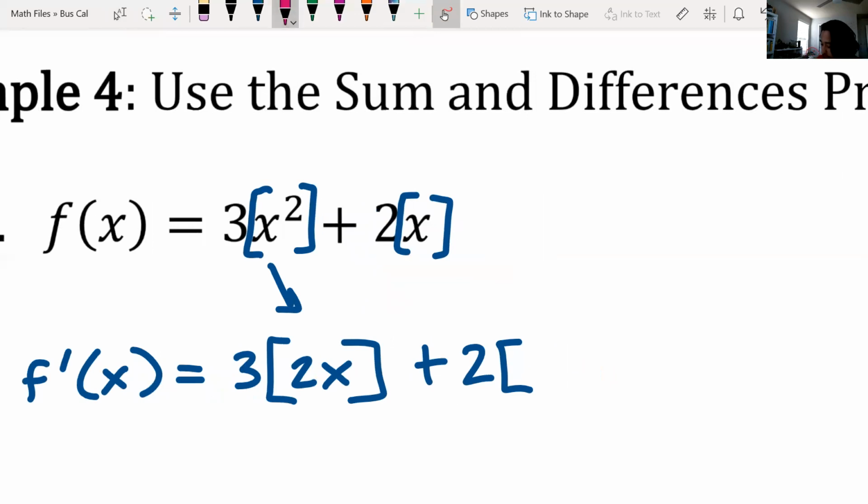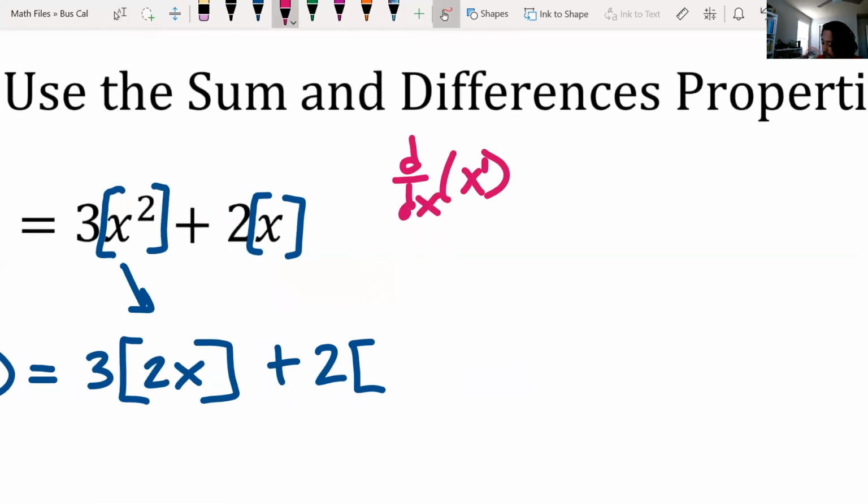It's a fun one, right? So if I said d over dx of x, what power is on this x that we don't show? 1, right? So now, if we follow the power rule for this, that 1 would come down, and you'd get 1 times x to the 1 minus 1, because that's the power rule.